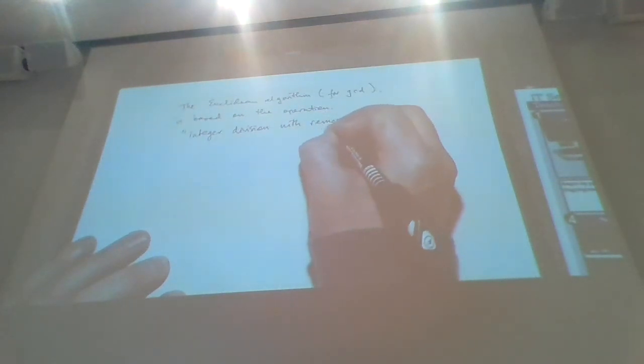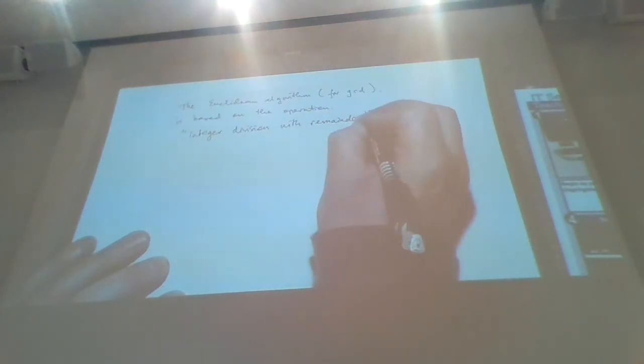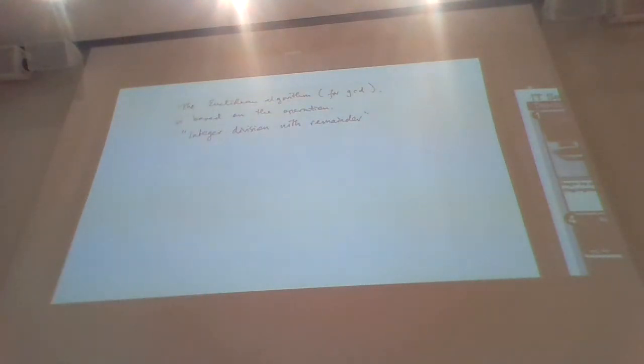The operation itself is not deep or complicated. You're extremely familiar with the idea already, and indeed, it's something you learned in primary school.